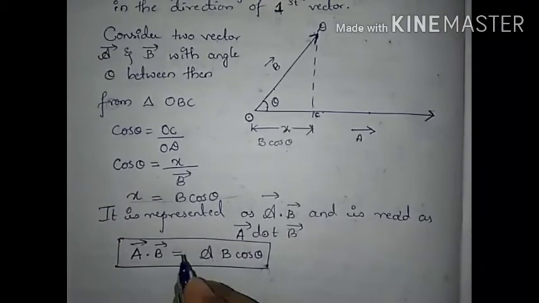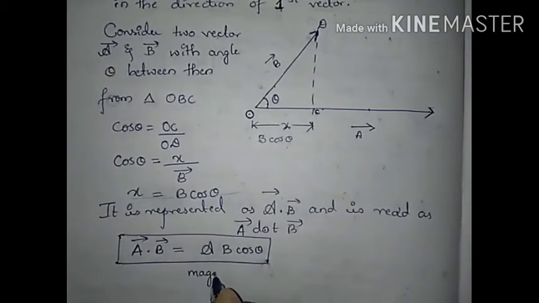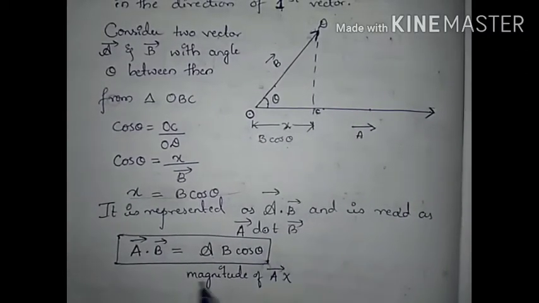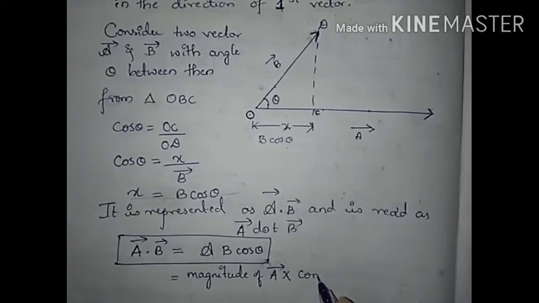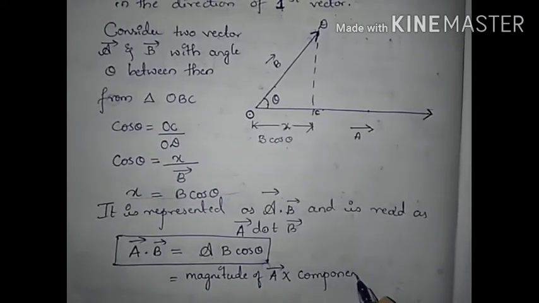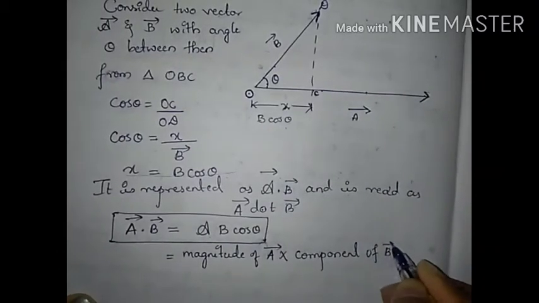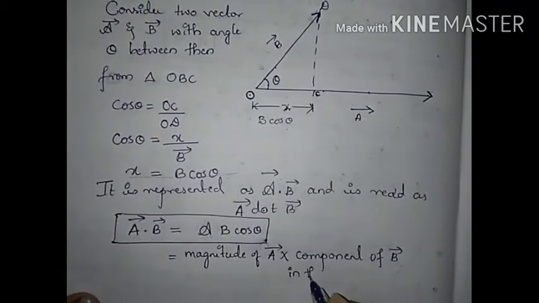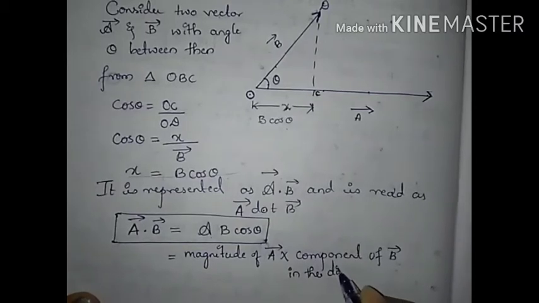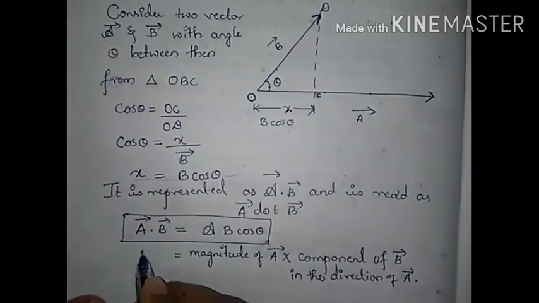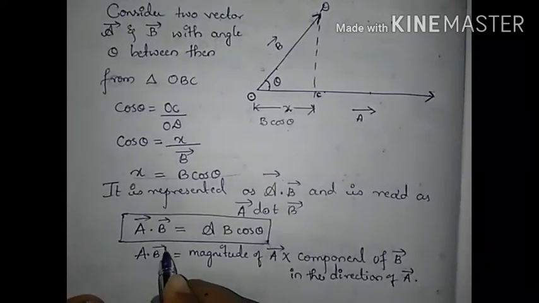So this is the magnitude of A multiplied by the component of B in the direction of A. So this is A dot B.